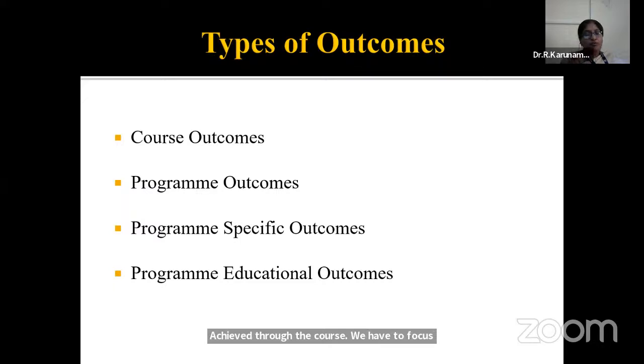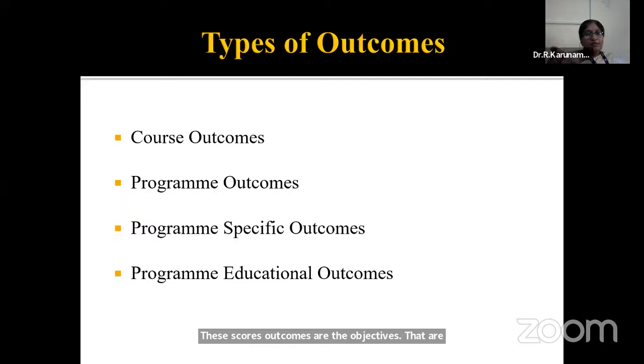When we are planning the course outcomes, we should focus on statements about the knowledge of the student after the course is taught, and also the skills the student might have learned after learning this particular course. These course outcomes are the objectives that are achieved at the end of any semester.